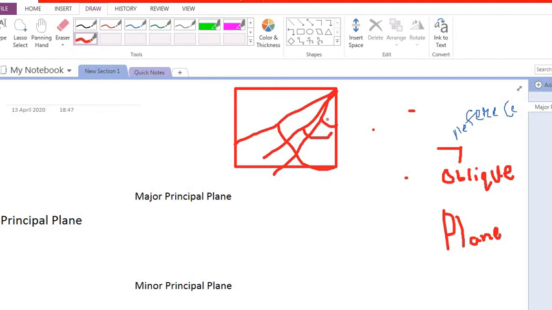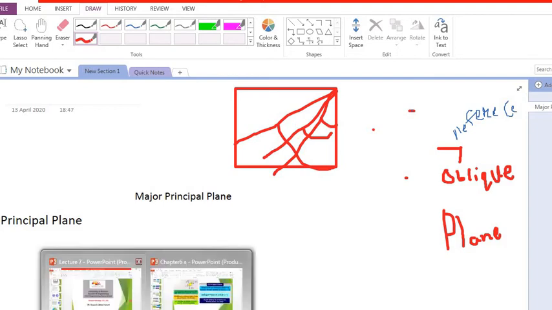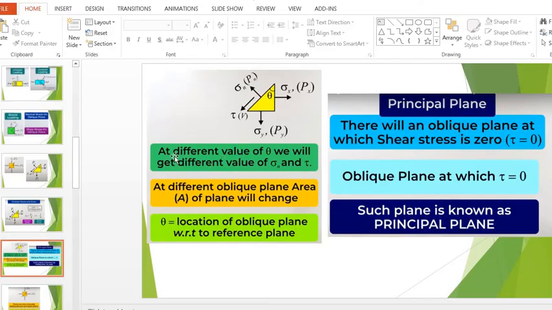So what will happen when this theta changes? The surface area of this oblique plane will also change. That is the same here: at different values of theta we will get different values of sigma n and tau. At different oblique planes, the area of the plane will be changed, as I have already told you.